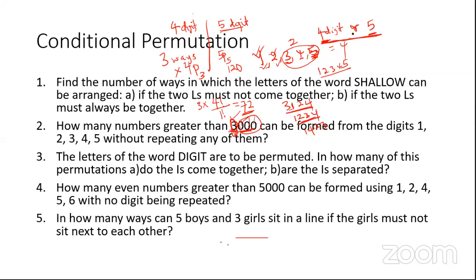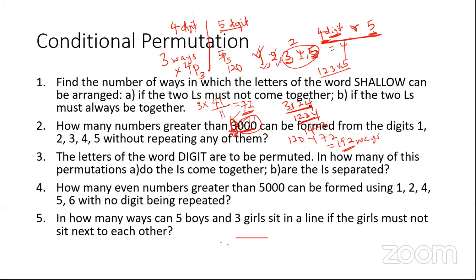Anytime you use or, it is addition, and they are exhaustive. You add whatever I get for 4 digits to whatever I get for 5 digits. So the total answer is 120 plus 72, that is 192 ways.